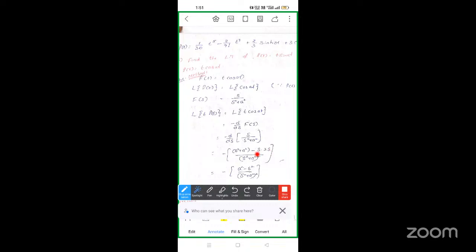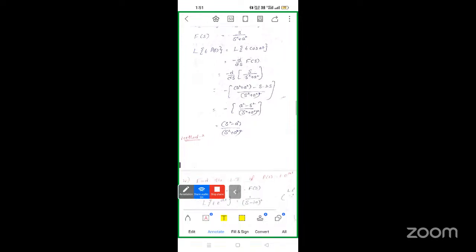So this is the differentiation of s by s square plus a square by the u by v method. Next simplify: s square plus a square minus 2s square, so that is a square minus s square by s square plus a square whole square. So finally, with the minus sign, s square minus a square by s square plus a square whole square is the answer.